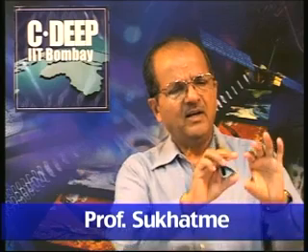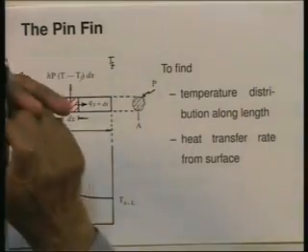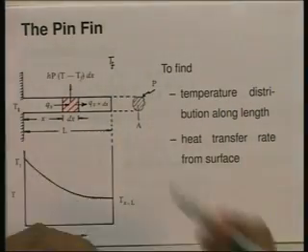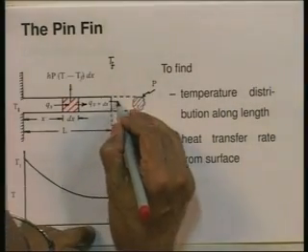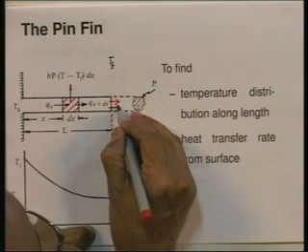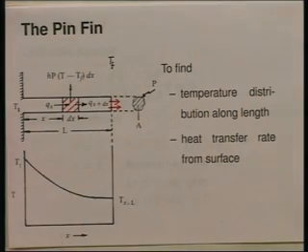I have already said the pin fin is fairly slender and long relative to its cross sectional dimensions. Therefore, by the time you reach almost the fin tip, the heat flowing out at the edge right here, which I am showing again in the sketch of the fin, from this face, is likely to be extremely small, what I have shown by the red arrow just now.